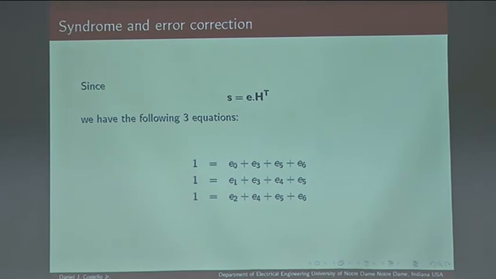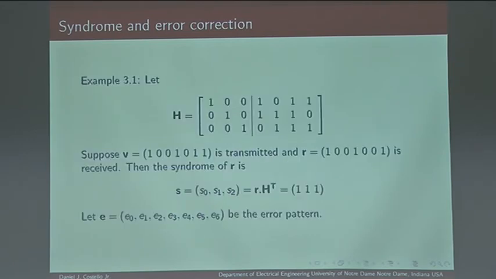And if we write out the syndrome equations, then we know that the three parity check equations are that for error vector E, E0 plus E3 plus E5 plus E6 must equal 0. And E1 plus E3 plus E4 plus E5 must equal 0. And E2 plus E4 plus E5 plus E6 must equal 0.